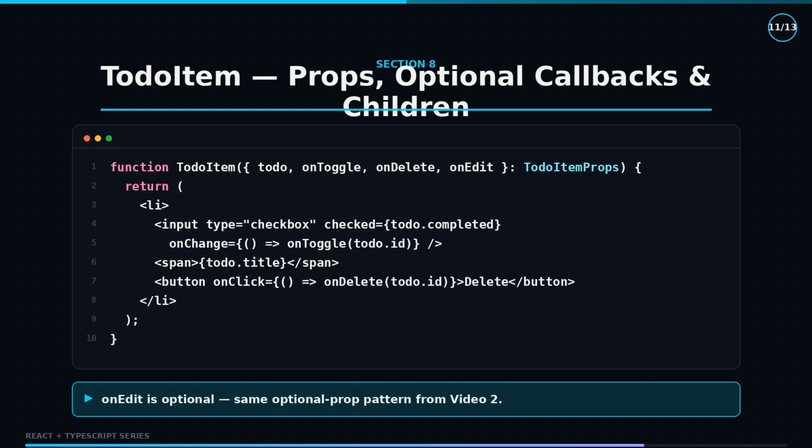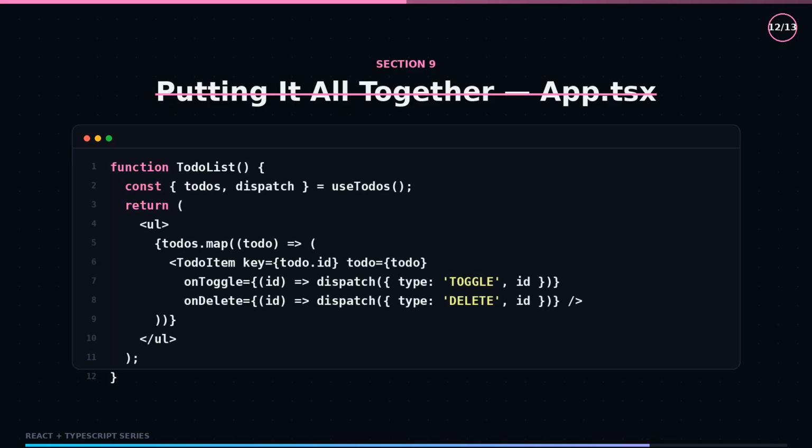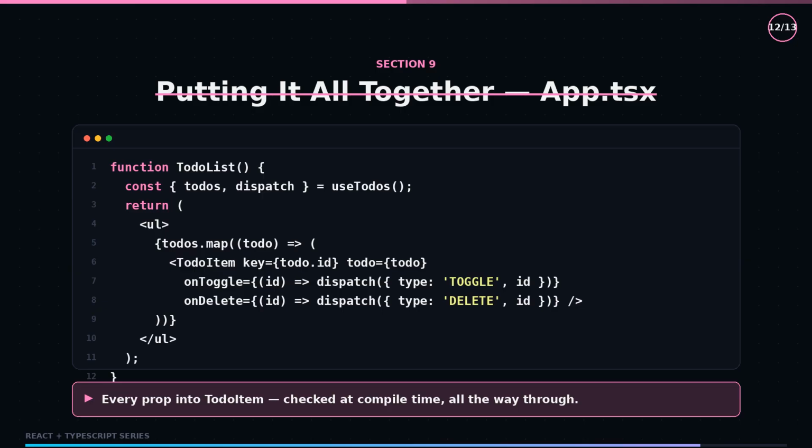Add title span, and a button with onClick calling onDelete todo.id, delete button. This is the same interface-per-component pattern from video 1, and the optional prop pattern from video 2. onEdit is optional, because maybe not every list needs inline editing. Everything you've learned across this series is one small, focused decision, reused here at full scale.